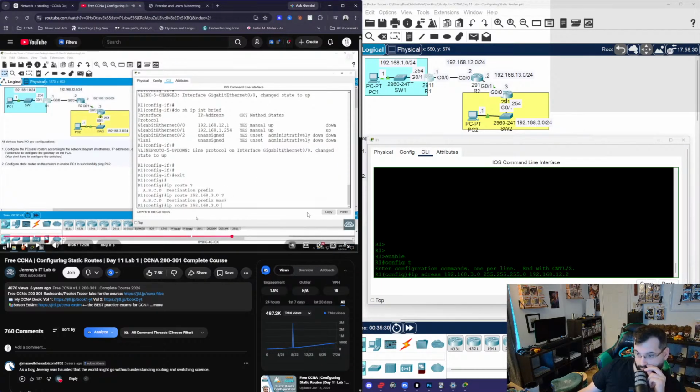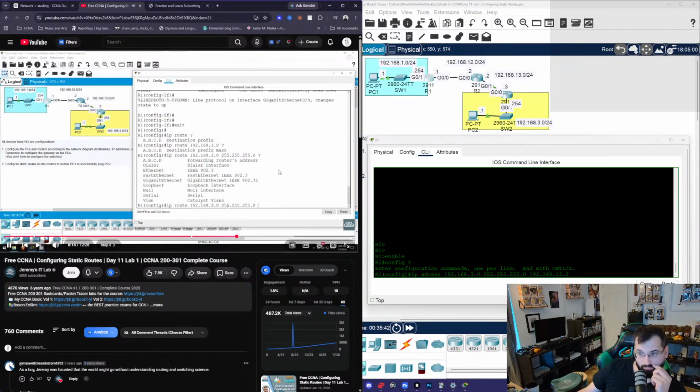Use the context-sensitive help again, and next is the mask, which is 255.255.255.0, since it's /24. Next, we can specify the forwarding router's address, which is the IP address of the next hop router, or we can specify the exit interface. All of these options are interface types. Interesting.